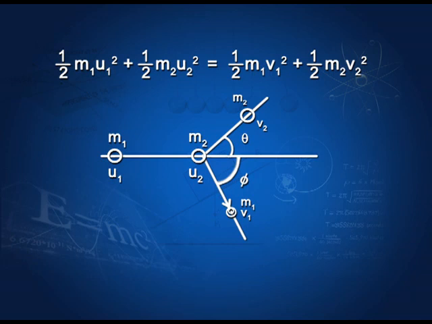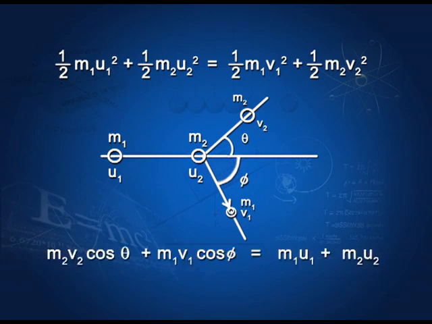Momentum along this line for both of them and momentum along the vertical for both of them. So, you will get a pair of equations and they would look like this: m2 v2 cos theta plus m1 v1 cos phi, and this should be equal to the initial momentum, which would be m1 u1 plus m2 u2.